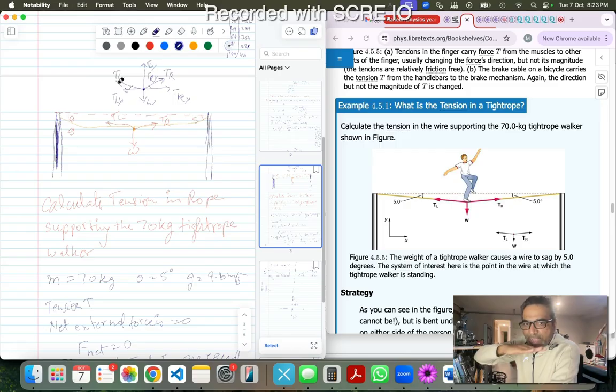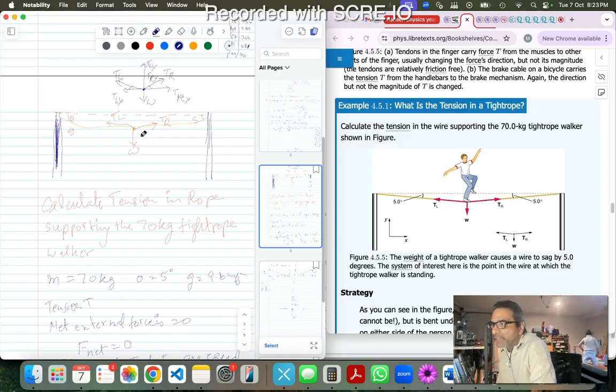So now the X component is horizontal and the Y component is vertical, right? So that's how we are dealing with this currently.